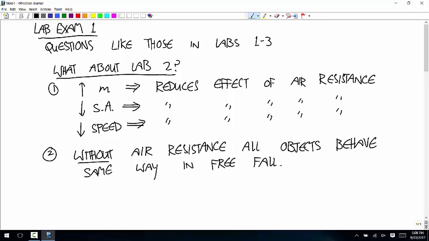So their acceleration is 9.81 meters per second squared down. And if you drop a flying squirrel and a sea elephant at the same time, they'll hit the ground at the same time. Okay?